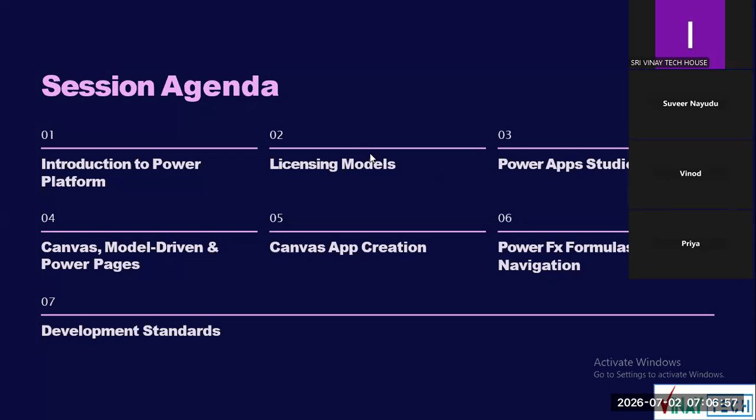So today we are going to cover the topics of Microsoft Power Platform and introduction to Power Platform. That is the first topic. The second topic is licensing models. Third topic is Power App Studio. Fourth one is the difference between Canvas, Model Driven, and Power Pages.